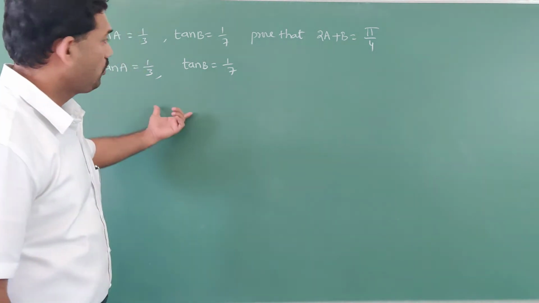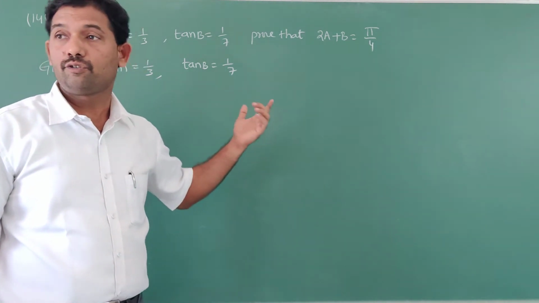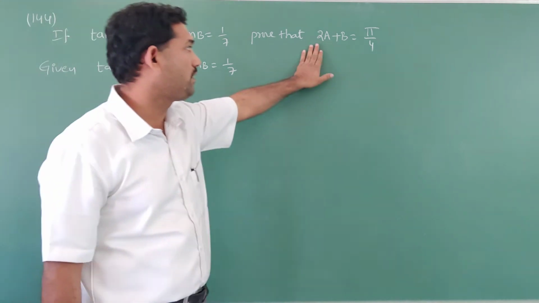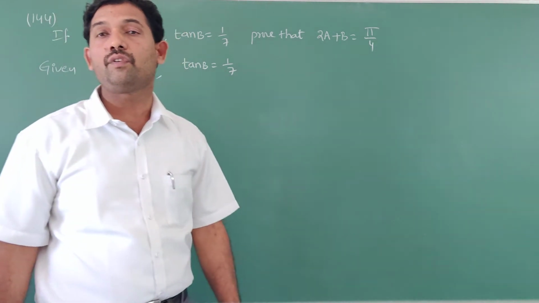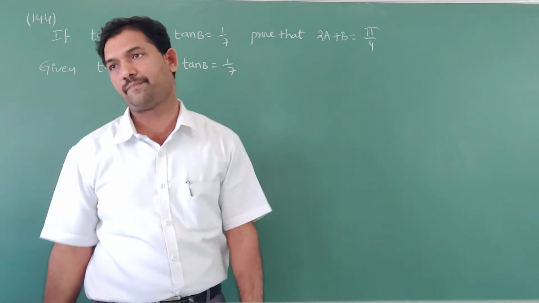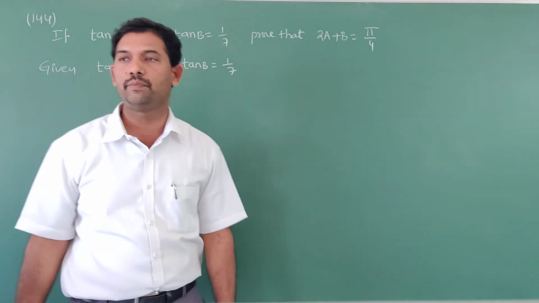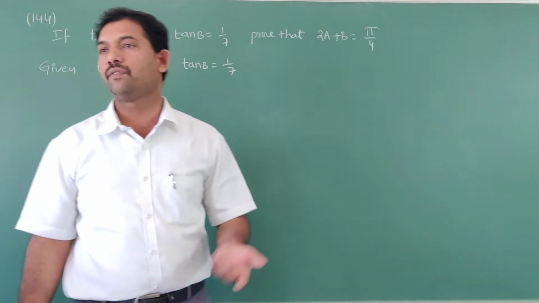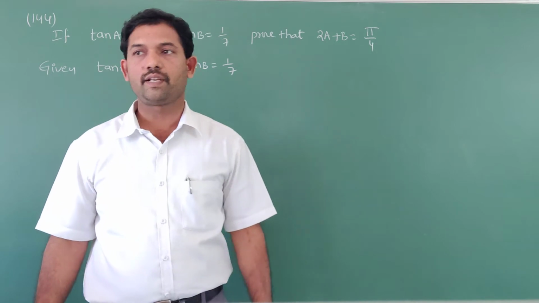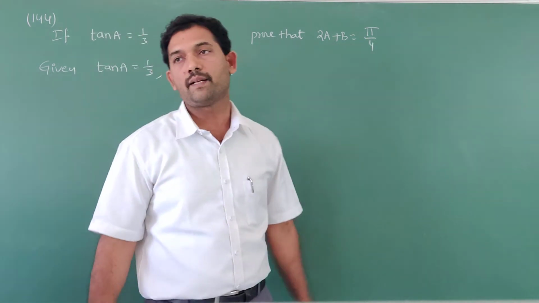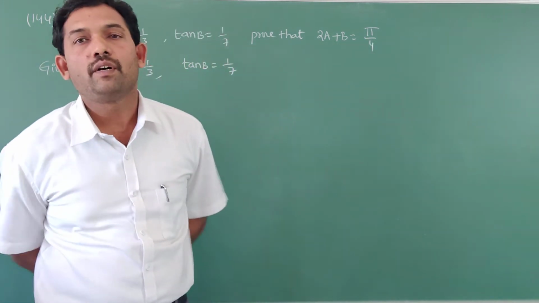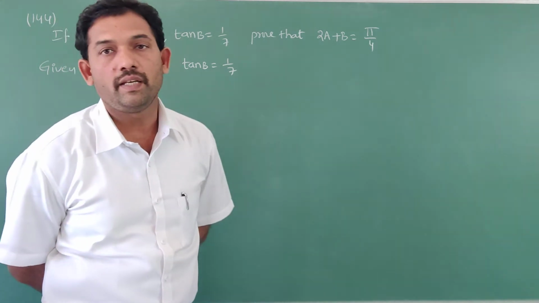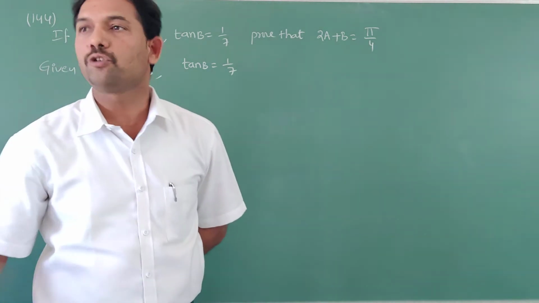The two values are given in terms of tan, so you take tan of 2A plus B. Tan of 2A plus B is equal to tan pi by 4, value 1. Now you take tan on both sides. Tan of 2A plus B is equal to 1. We are going to prove it indirectly.